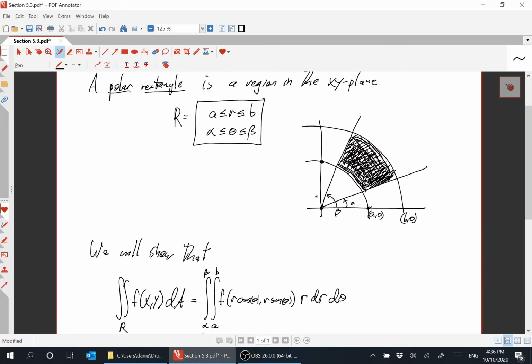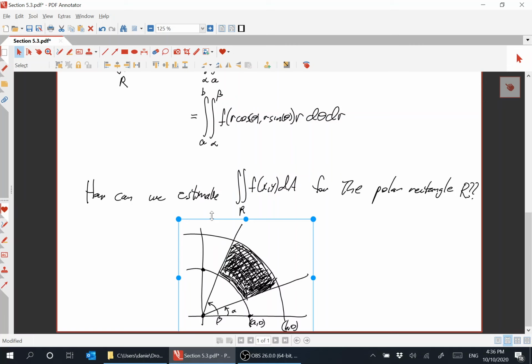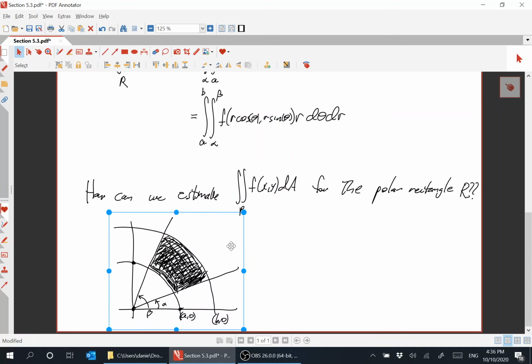Let me take the one I have up here. We're going to take this polar rectangle and cut it up into smaller rectangles.